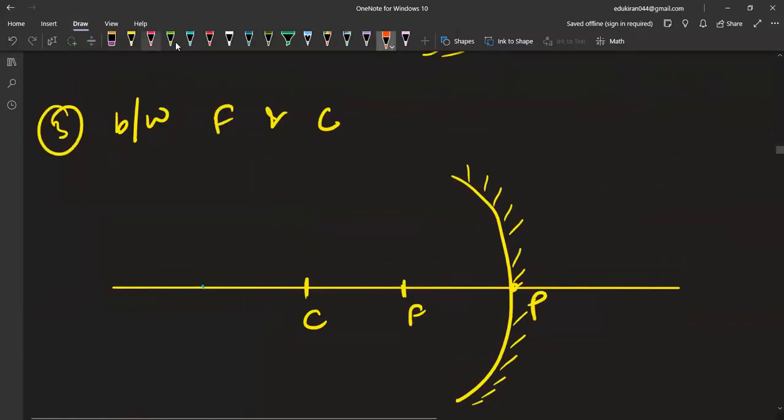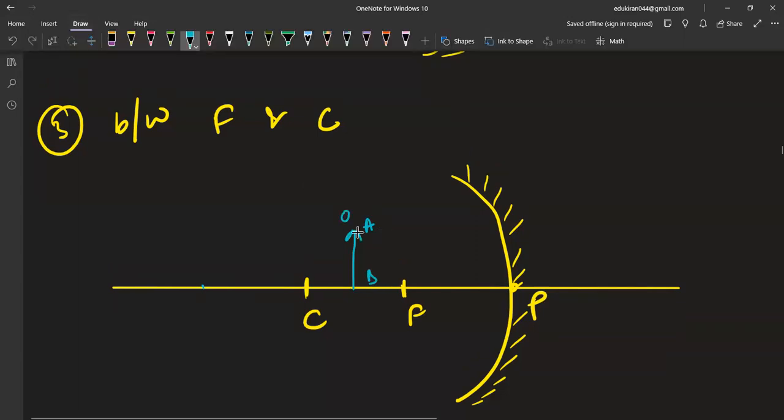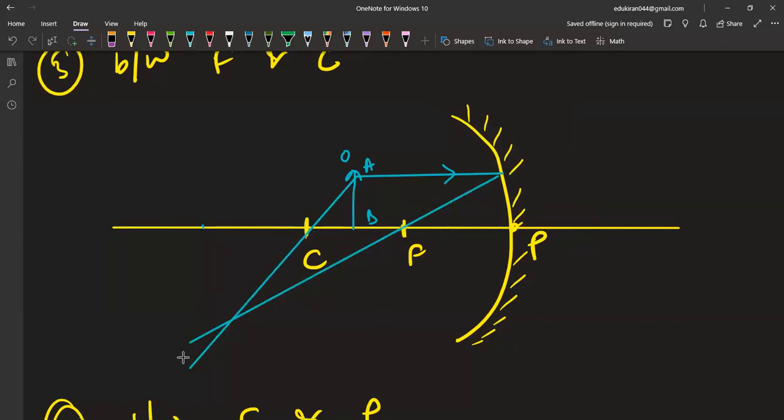Now class, the reverse is going to occur. It means now I'm keeping the object between the center of curvature and focus. This is the object that is kept. Now coming to the rules. A ray of light passing parallel will bounce back and pass through the focus. What about the second ray of light? The second ray of light has a tendency to pass through the center of curvature.